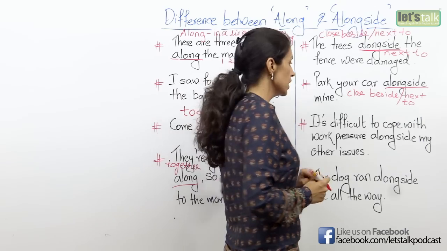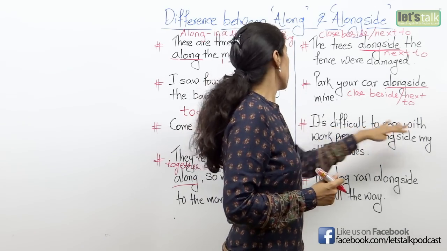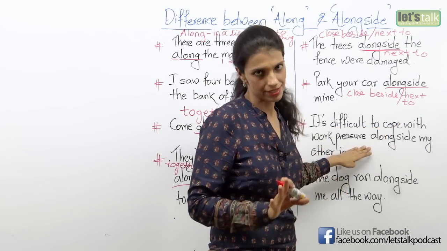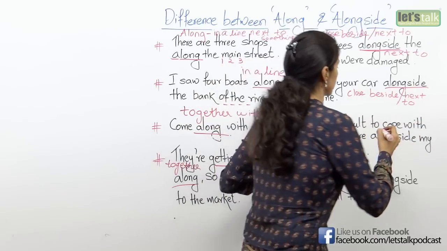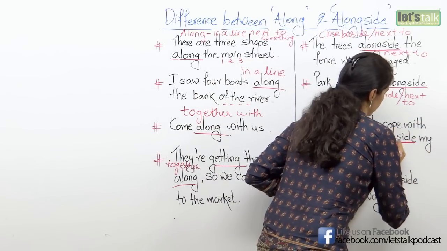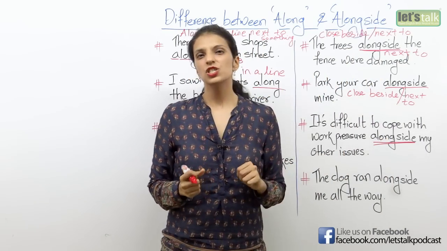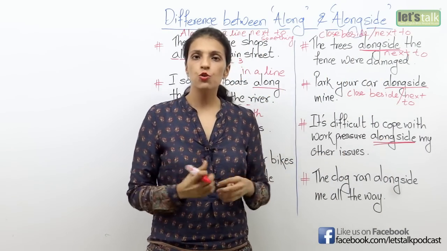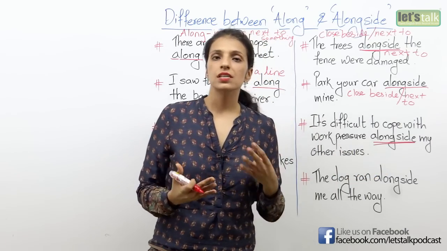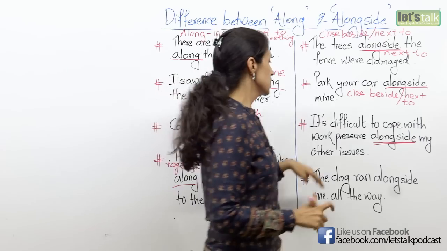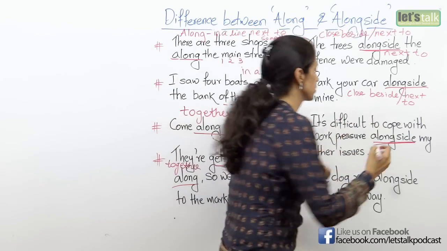Okay. Now, well, it's difficult to cope with work pressure all the time. So it's difficult to cope with work pressure alongside my other issues. Now here it means together with. I mean, imagine so much work pressure and then you have your personal issues. Dealing with both at the same time becomes very challenging. So, well, together with.